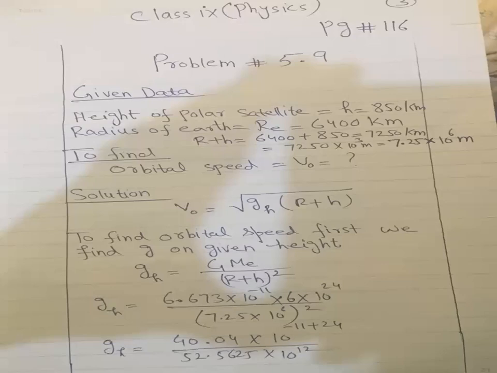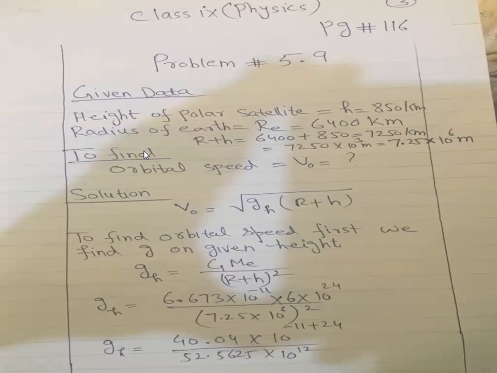So, I write the given data. Height of the polar satellite is denoted with small h, and it is given to me as 850 kilometers. And radius of Earth, as we did in a couple of numericals, I told you radius of Earth is a fixed value, which is 6,400 kilometers.